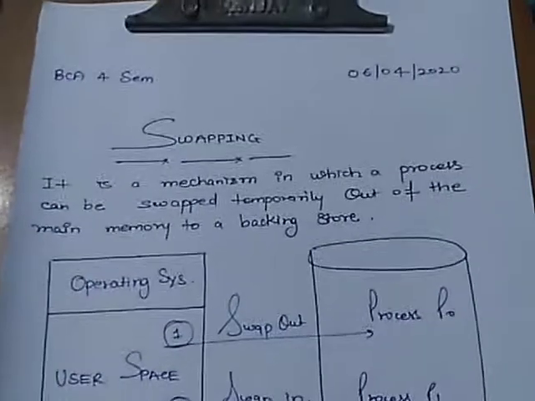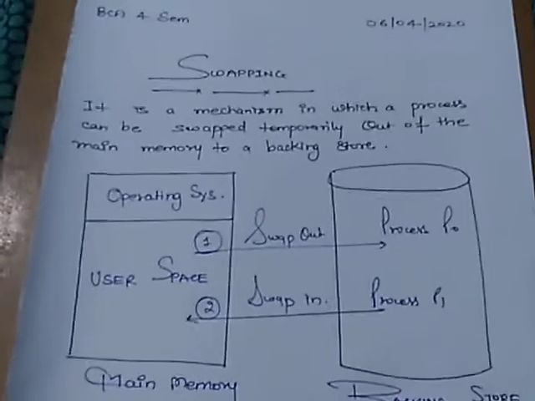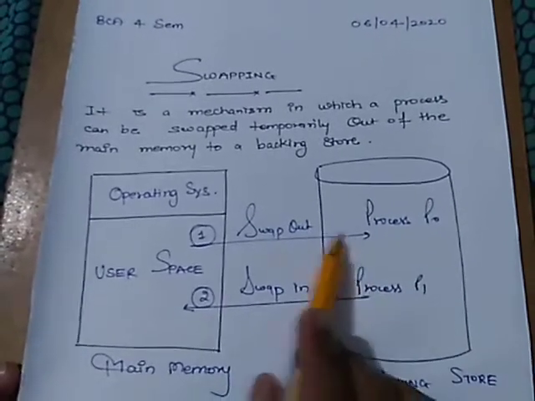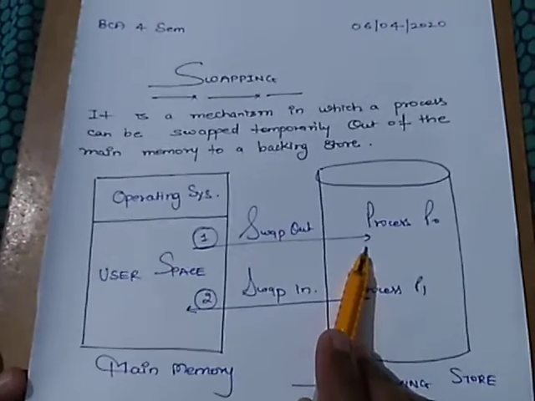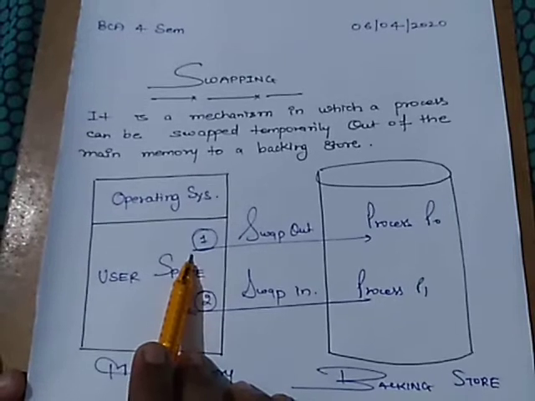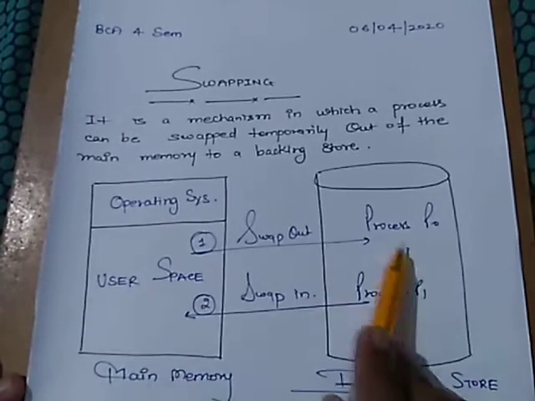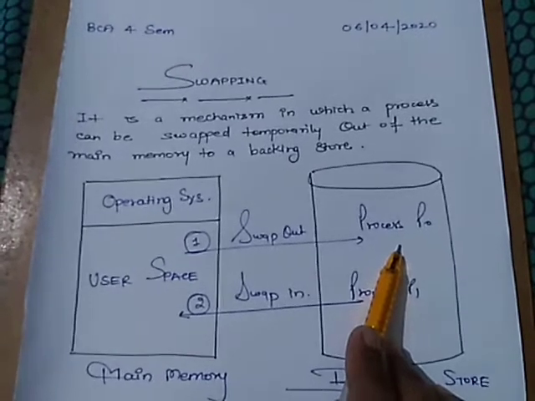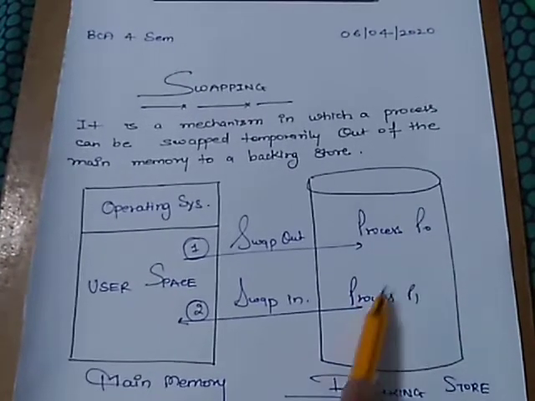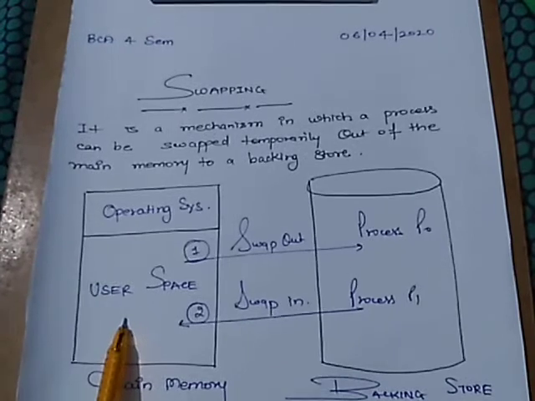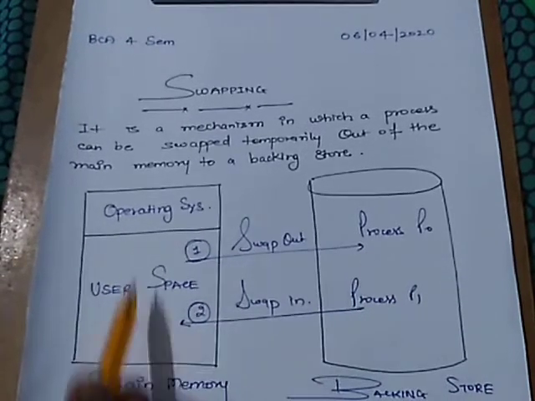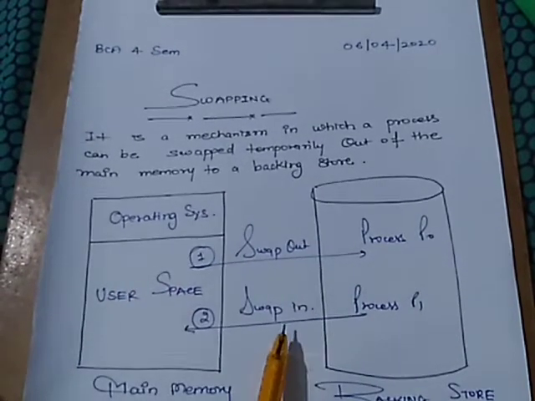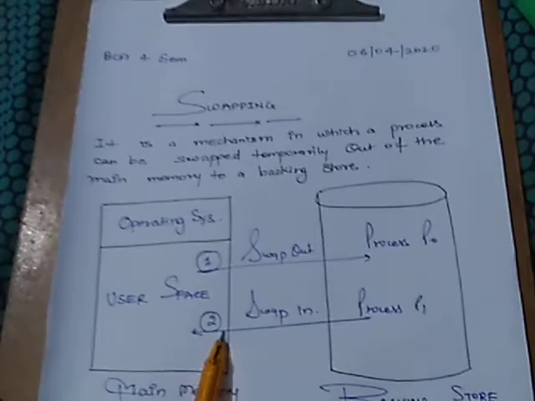It means the processes from the main memory can be swapped out and stored in a backing store. It may be a hard disk or some other secondary storage, and again the process comes back to the main memory. This is known as swapping.